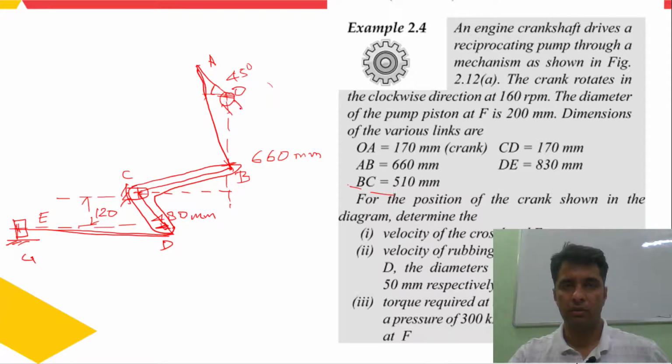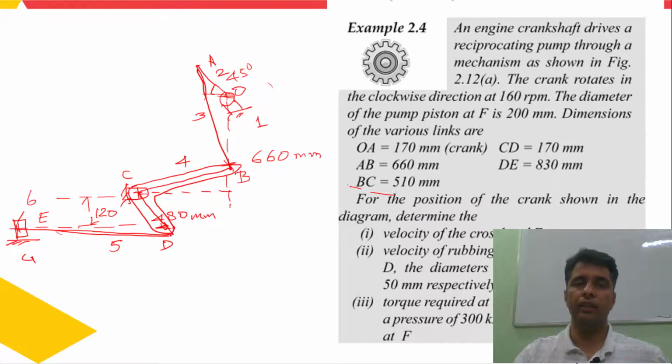Now I can give names to the different links. The first link is the ground, the crank is link number 2, this one is link number 3, this one is link number 4, this one is link number 5, and this one is link number 6. So as you can see, there are 6 links.